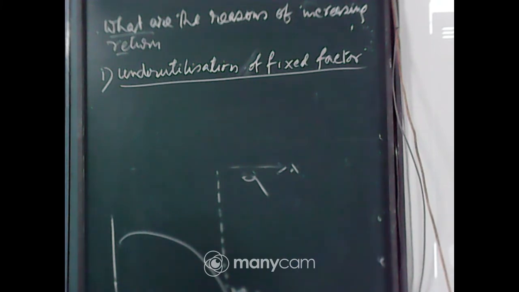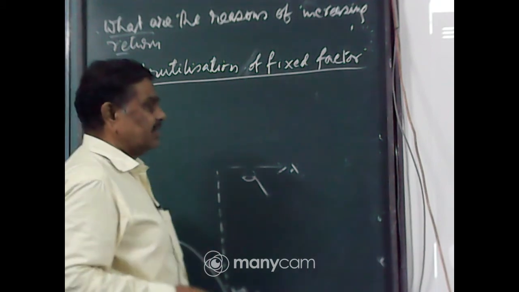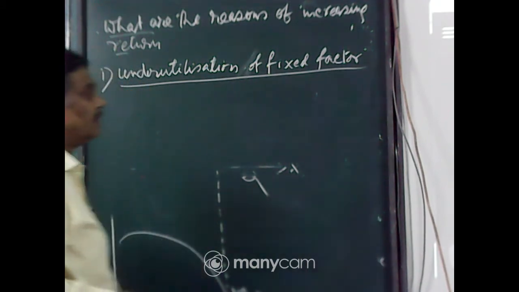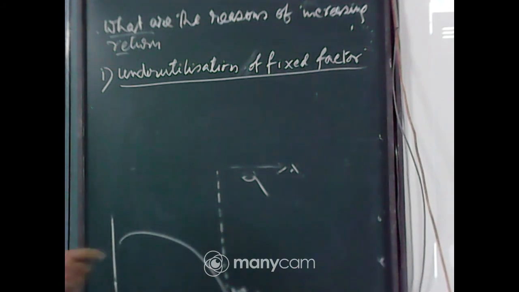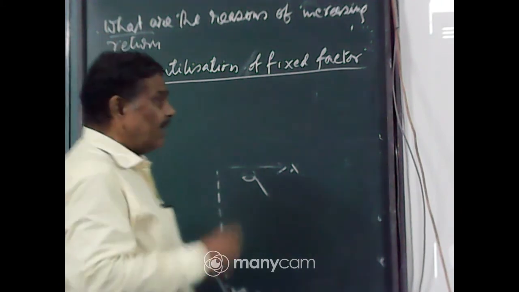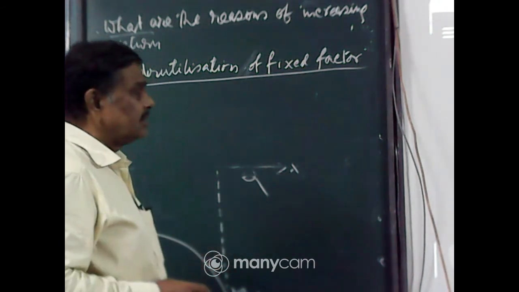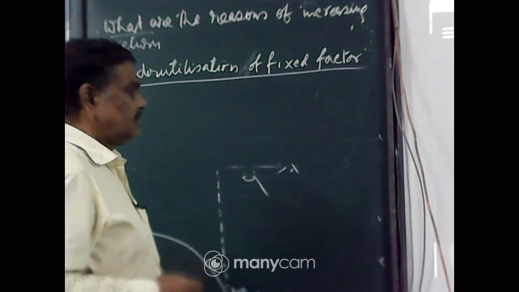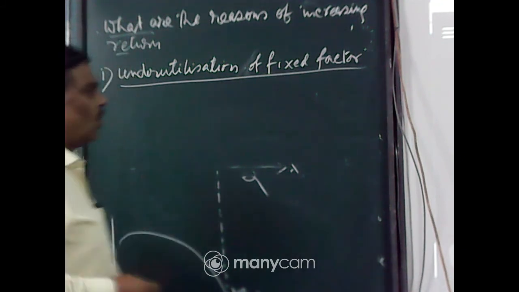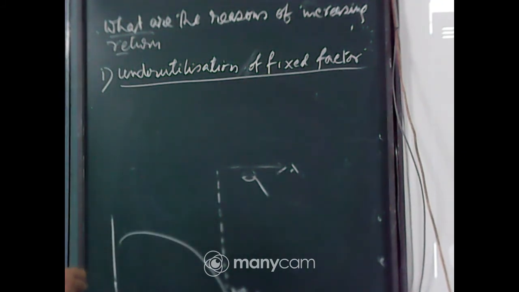That is, you are now utilizing the fixed factor fully, leaving nothing to explore more. Suppose you have a computer through which you can earn. You are using it for 4 hours per day and earn 2000 rupees per week. Your computer is the fixed factor.